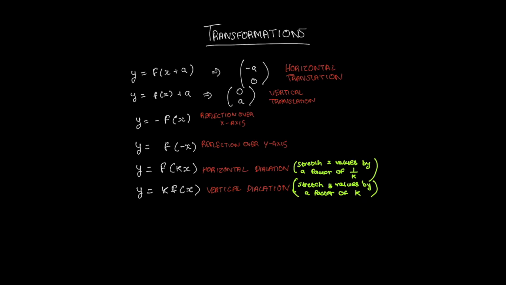So these rules I've written here are basically quite self-explanatory. If you're given a function y is equal to f of x and they ask you to sketch y is equal to f of x plus a, well, basically you just need to translate it. The 3 types of transformations we are required to learn start with translation, which is basically moving a function from this to this, or this is horizontal translation.